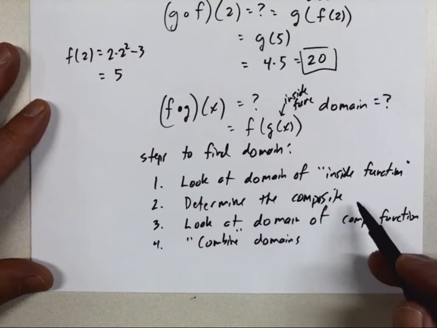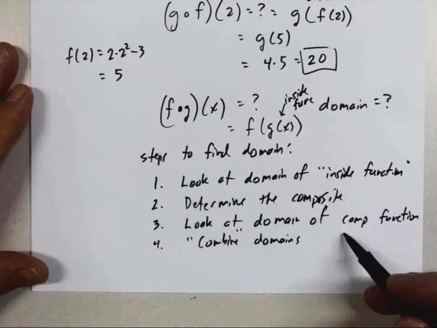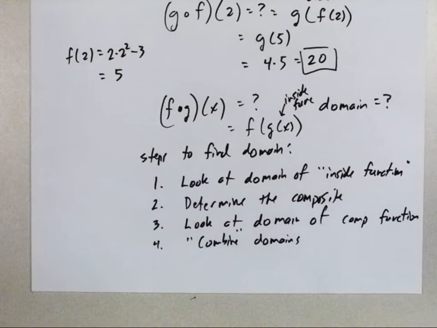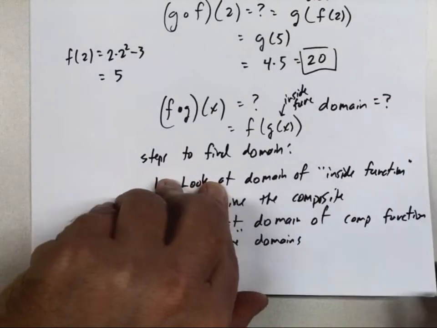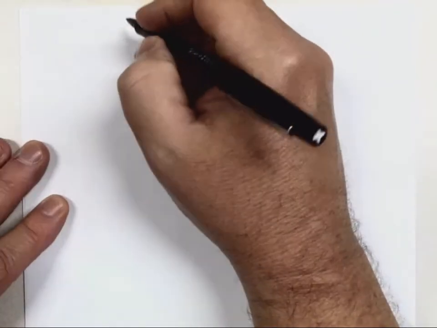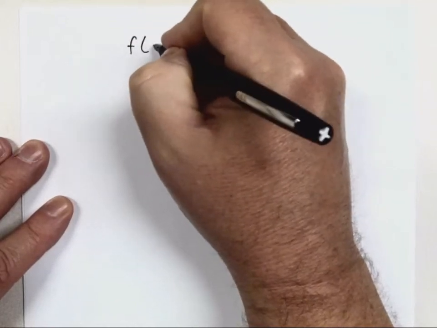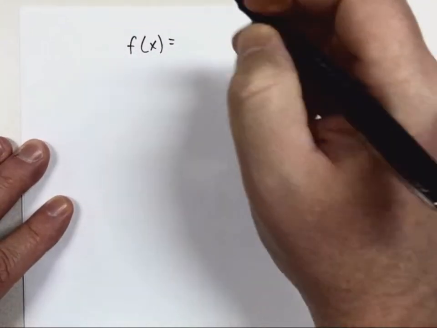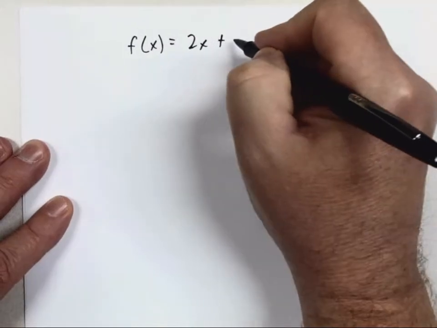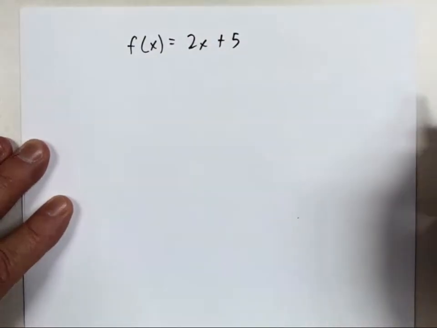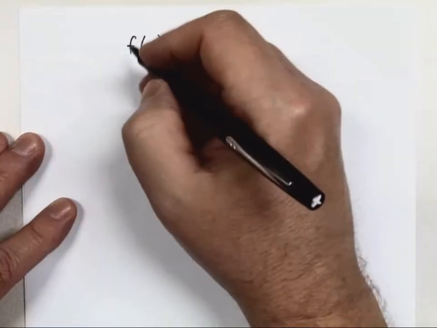All right, let me do a couple of examples, and then hopefully you'll see how the domains isn't really that hard. How about f of x is 2x plus 5.